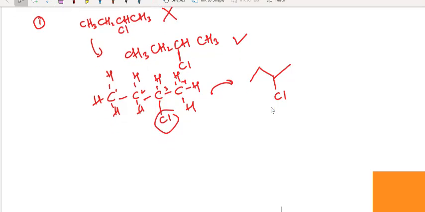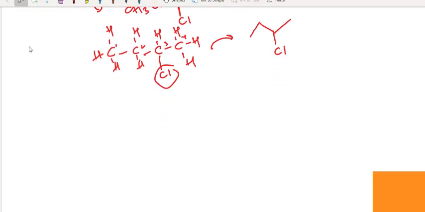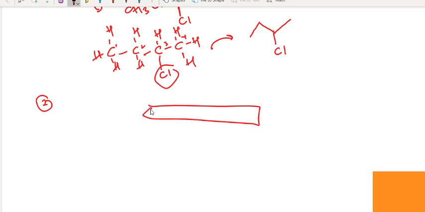Okay, so the second mistake that has been identified, some of you did this mistake actually. When you convert the expanded structure into condensed, or skeletal structure into condensed structure, condensed doesn't mean that the structure must be in the straight chain.